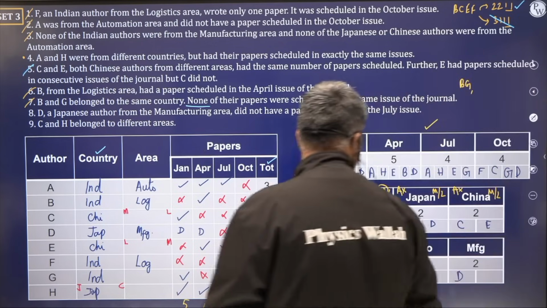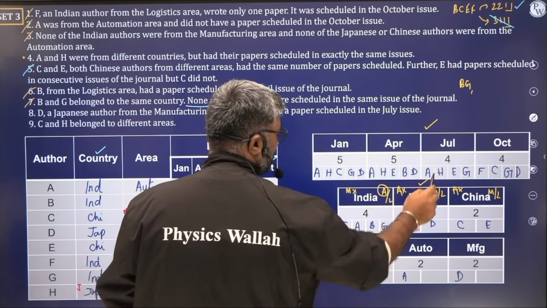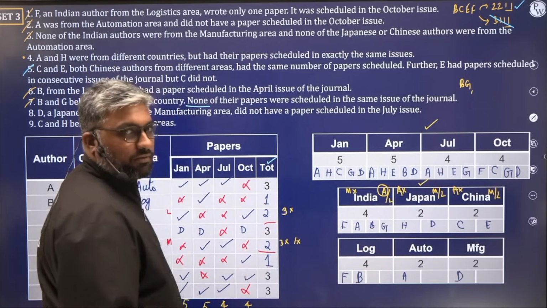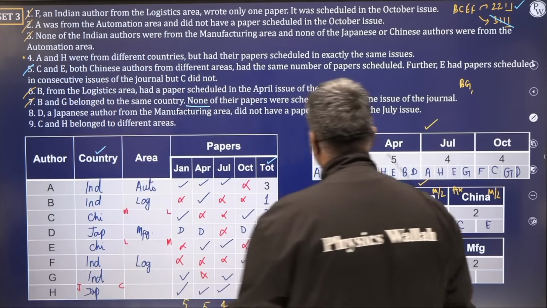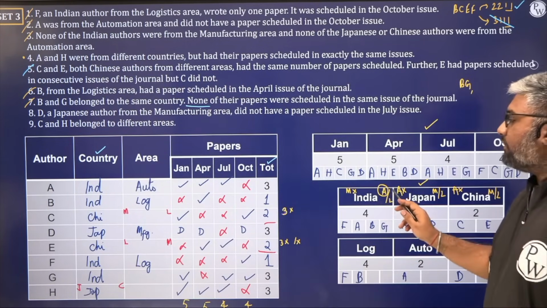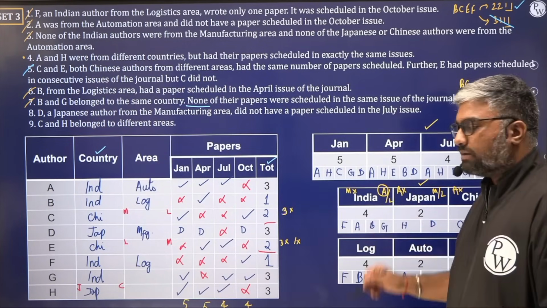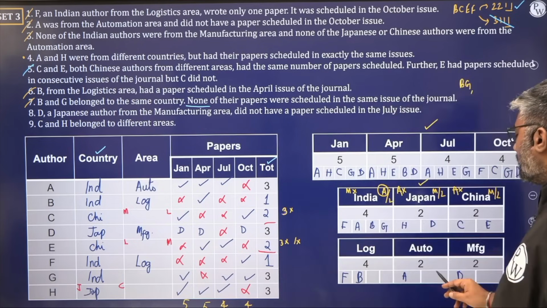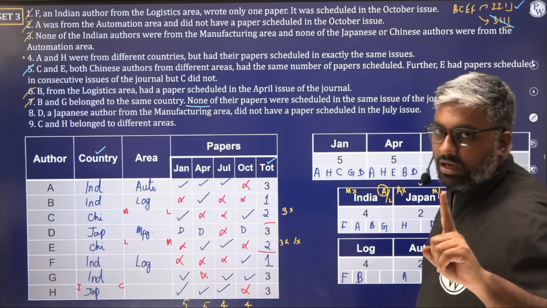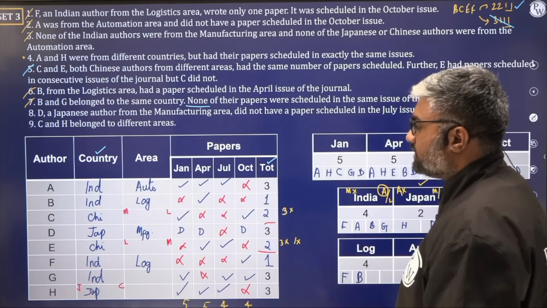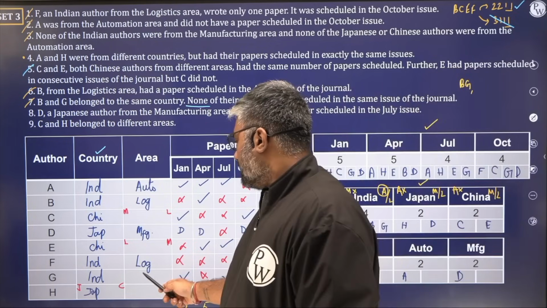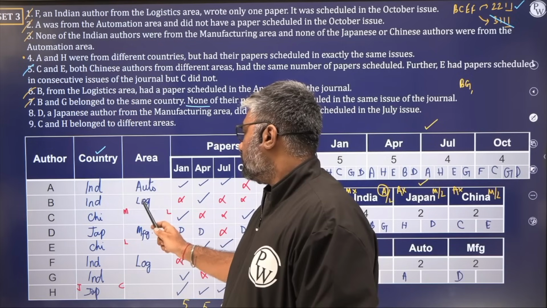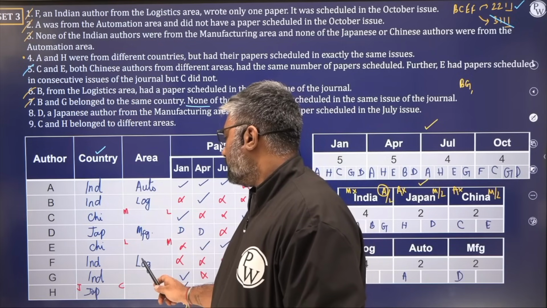Perfect. We figured out which country they belong to. Nice. We just need to work on this now. Now we know only Indians can be from automation. And in automation, we need only one more person. If we look at Indians, one of them is from auto, one of them from logistics.